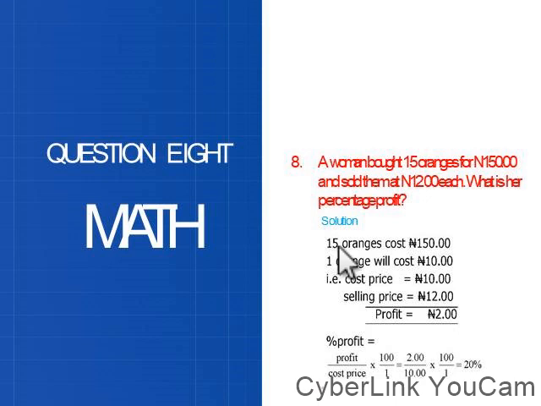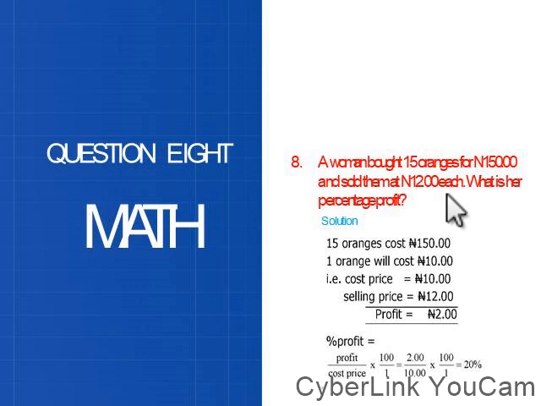So we have 1 times 150 divided by 15. I'll repeat that again: 1 times 150 divided by 15. And what we get is 10. So one orange will cost 10 naira. That is, the cost price of one orange is 10 naira. From the question, we are told that she sold them at 12 naira each.